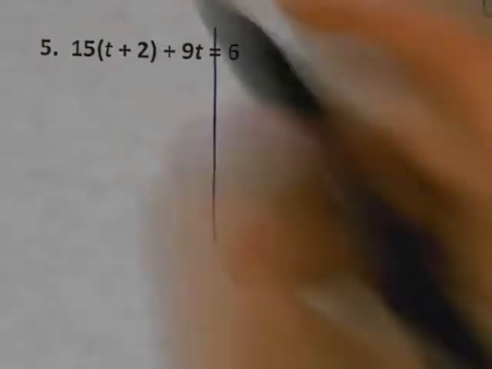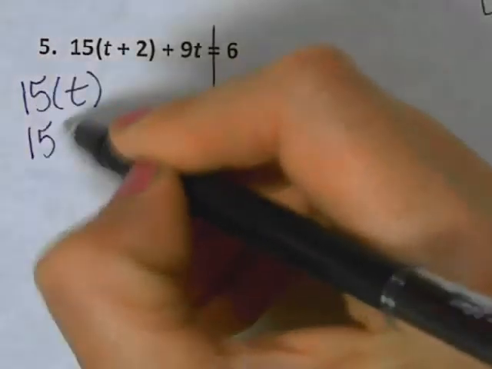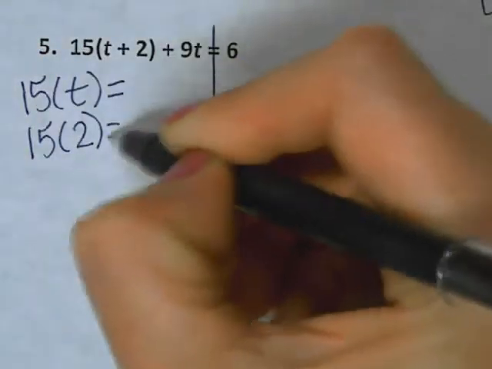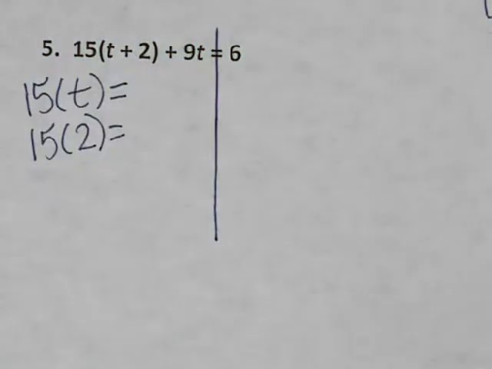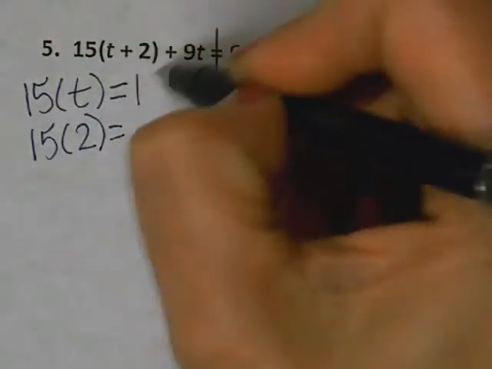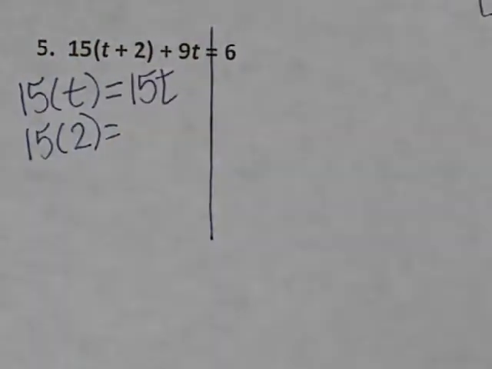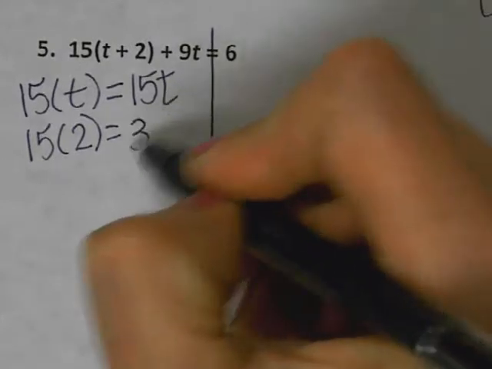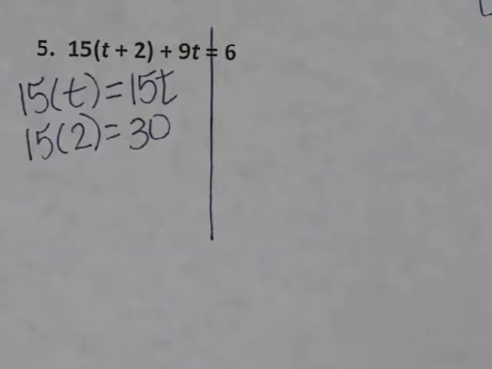Yes. So you're going to do 15 times t and 15 times 2. What does 15 times t equal? 15t. 15 times 2 is 30. Please do not yell out wrong answers on purpose.